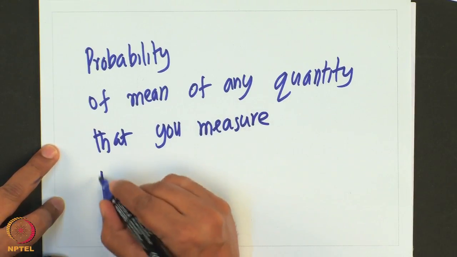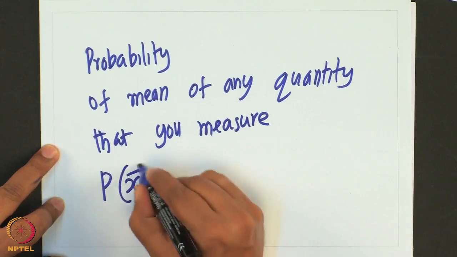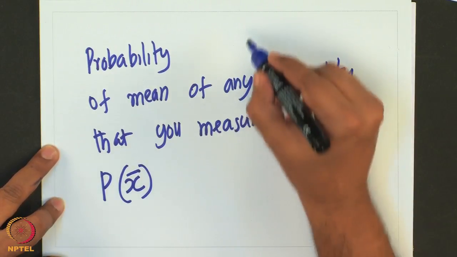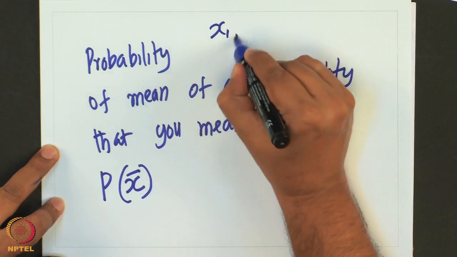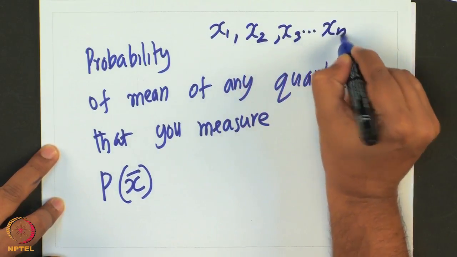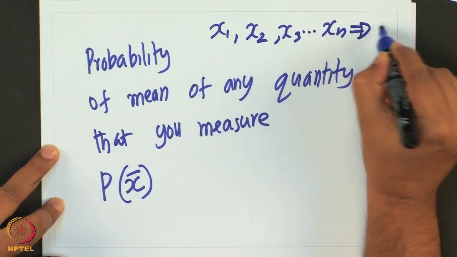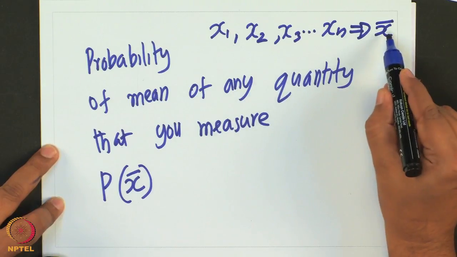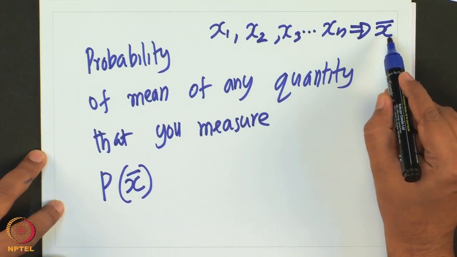So, that is P of x bar. You have x, the quantity that you are measuring, and so we have x1, x2, x3, up to xn, and from this we can calculate x bar. So, you do the measurement many times and you can calculate the mean or the average, which is x bar.